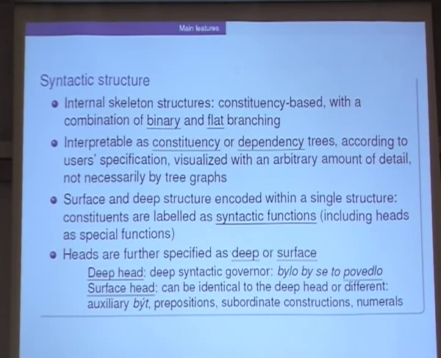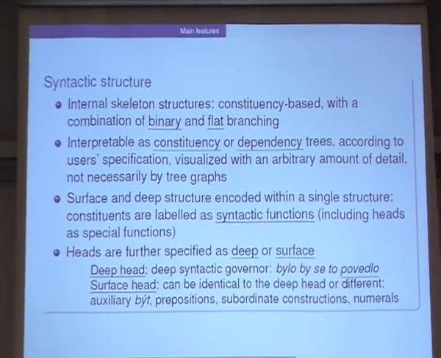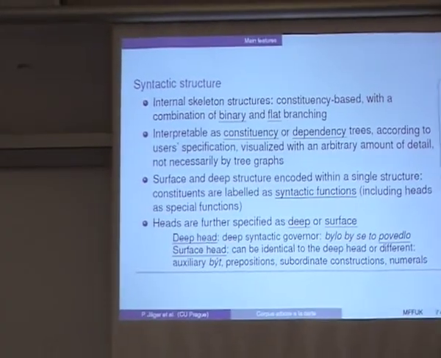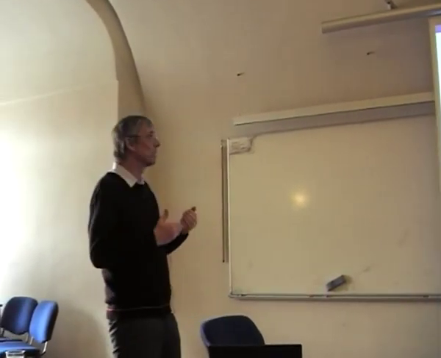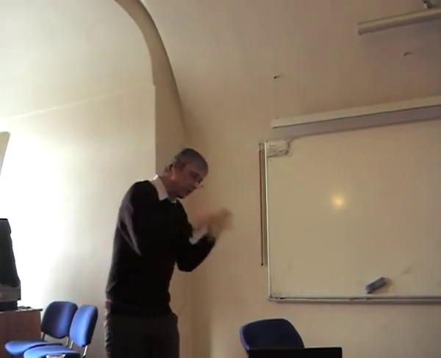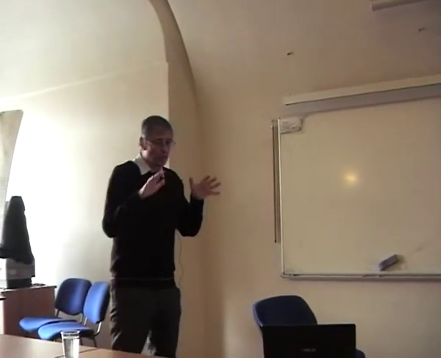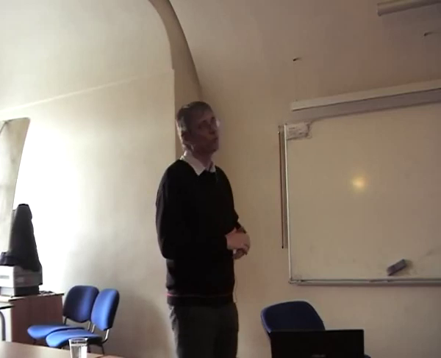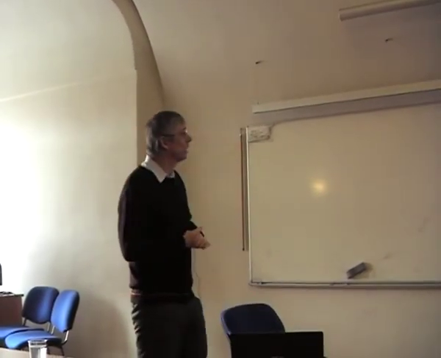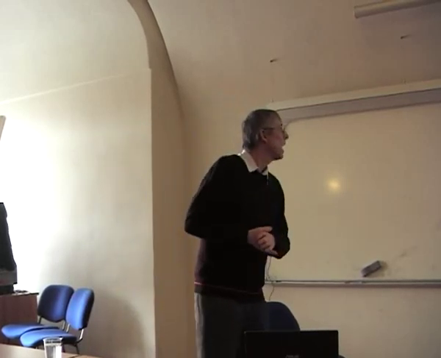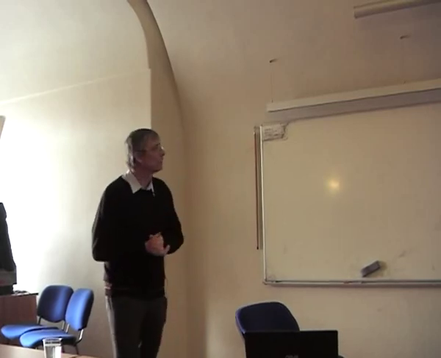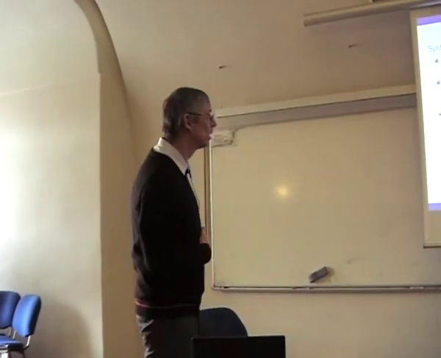So we can extract or represent the existing annotation in this or that manner, according to the user specification. So we can visualize a certain amount of detail, tree graphs, just a sequence of words, and so on. Within our annotation, both important structures are involved: the surface and deep structure. They are encoded within a single structure, and the constituents are labeled with syntactic functions. Their list will follow.